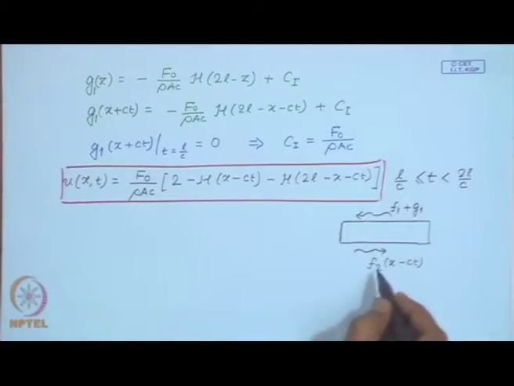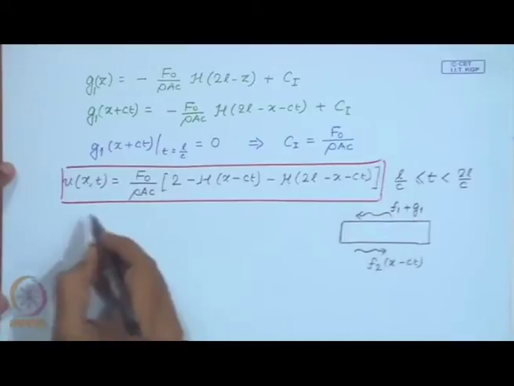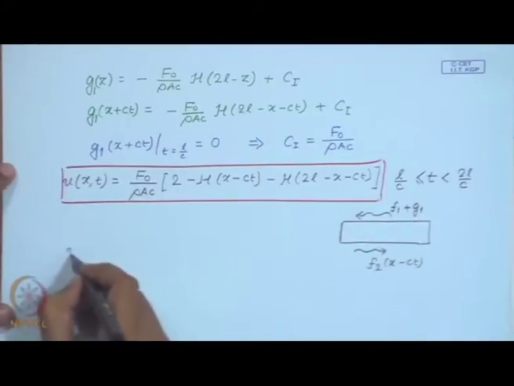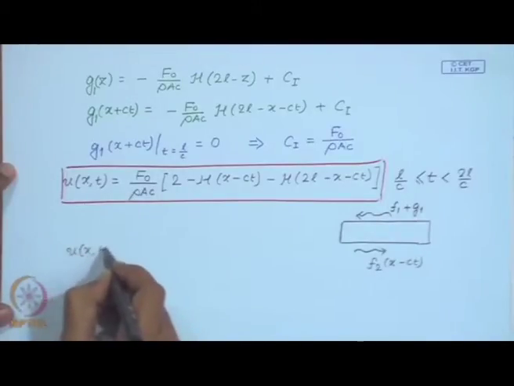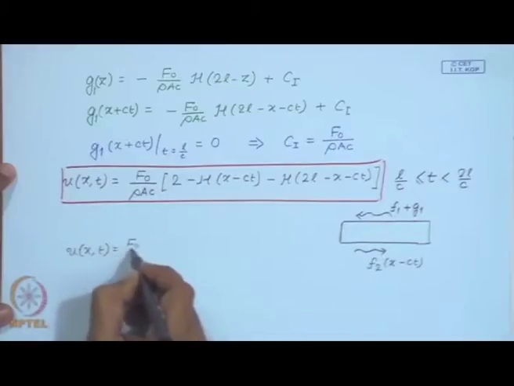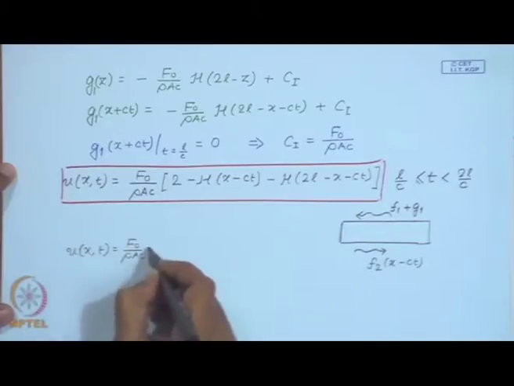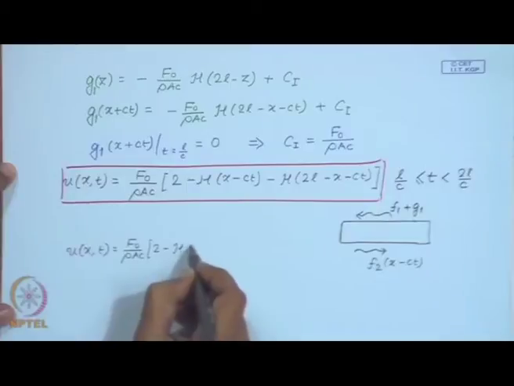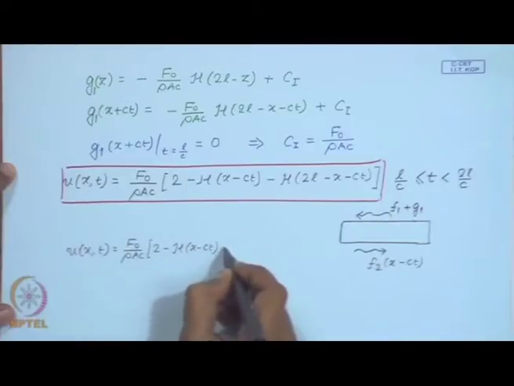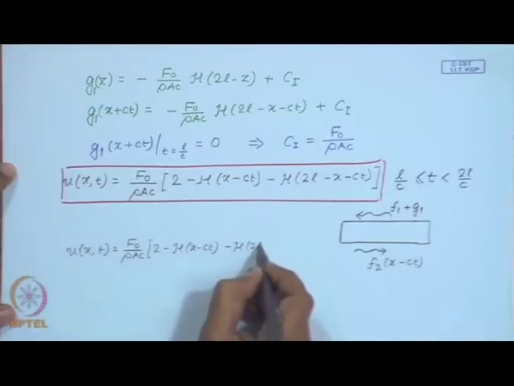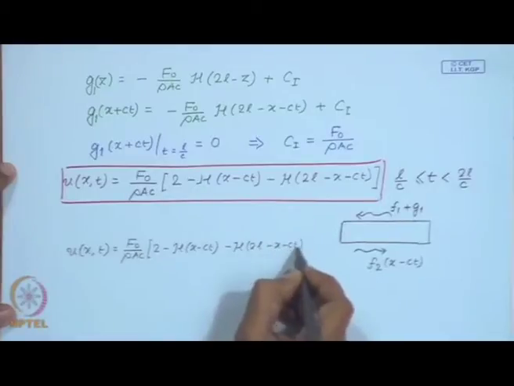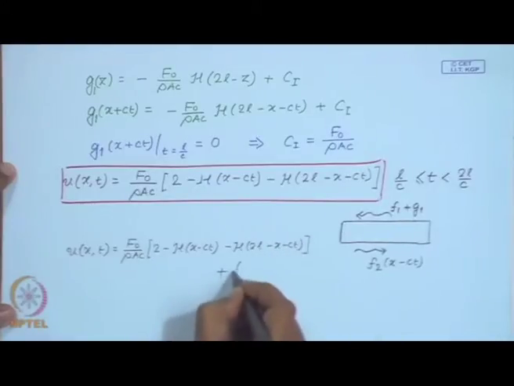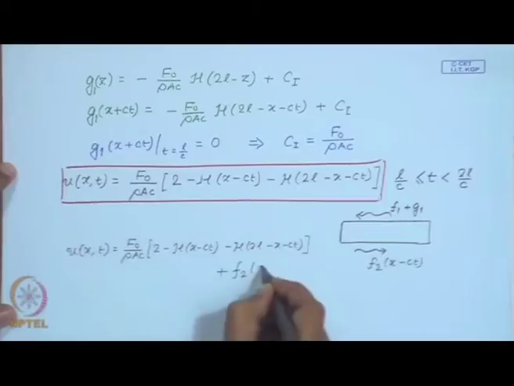So, once again you consider this solution plus f 2 of x minus c t.